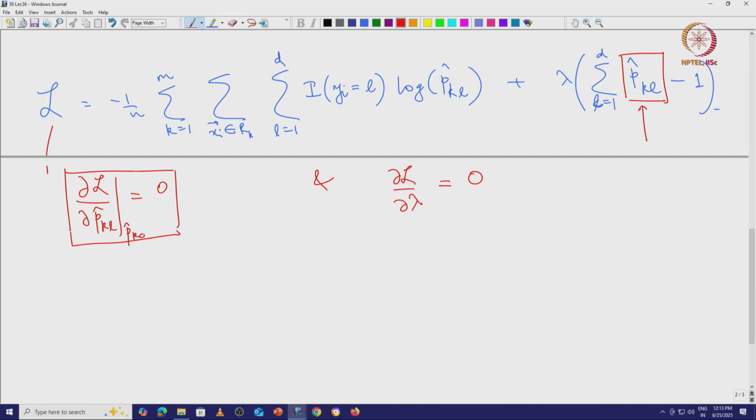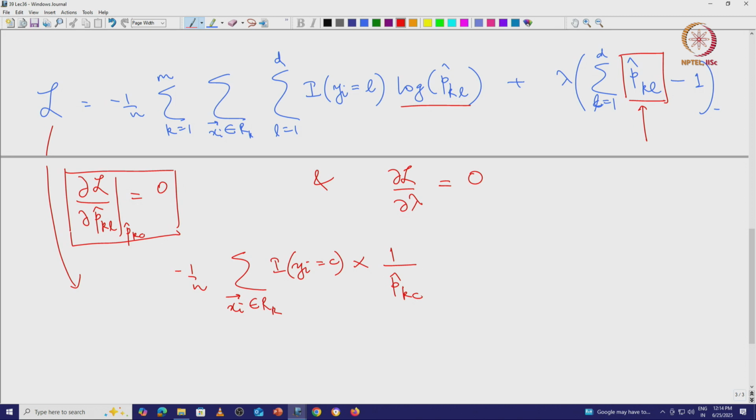Let us differentiate this term. What we get is minus 1 over n, sum over x i belongs to R k, the indicator function of y i belonging to c, times the derivative of the log function. That is just 1 over p hat k c.